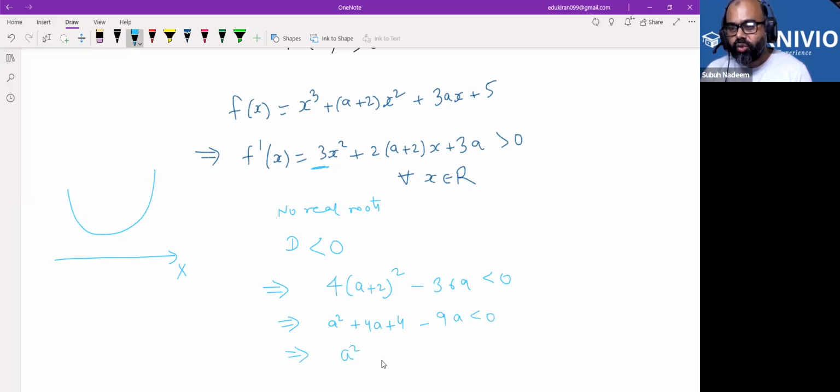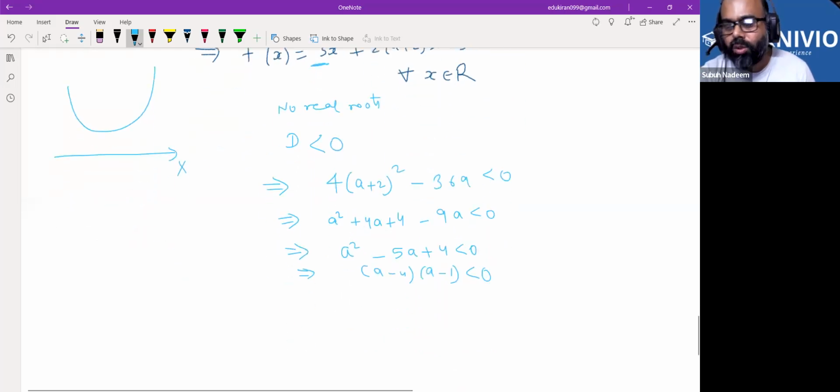This implies a square minus 5a plus 4 less than 0, which means a minus 4 into a minus 1 less than 0. So this implies that a is between 1 and 4. So this will be your answer.